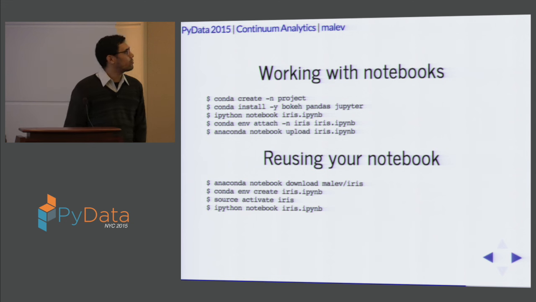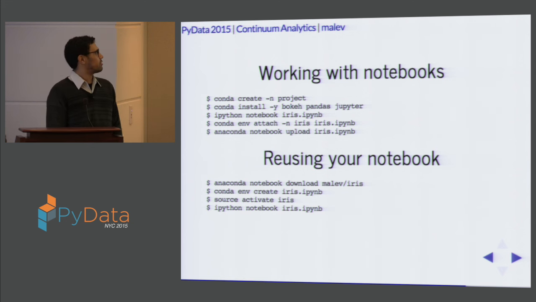Well, notebooks are super popular among this community, so I just wanted to show some tools that we made. Whenever you start working on a project, we first install whatever we want to use. We work on a notebook. This is how you fire a notebook. And if you want to share this, we have this subcommand attach that basically is going to take all the dependencies installed in the current environment and put them inside the metadata of the notebook.